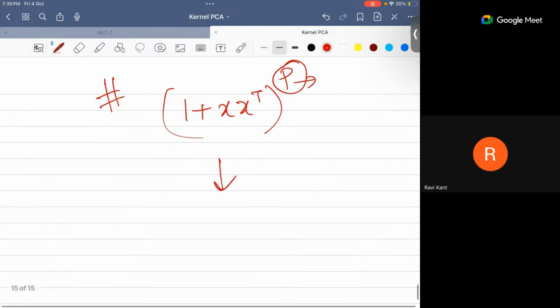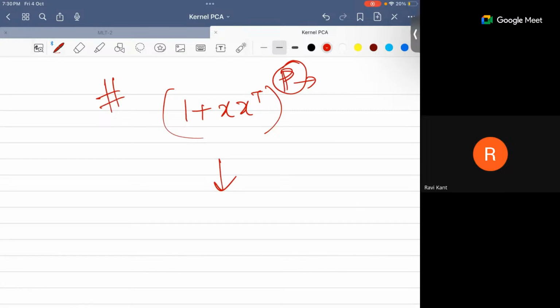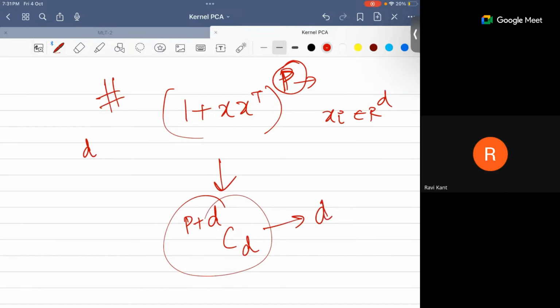So if the dimension is d, then xi belongs to some d dimension. If you want to go to a bigger dimension, with a polynomial of degree p, the formula is simply that it goes to p plus d choose d dimensions.